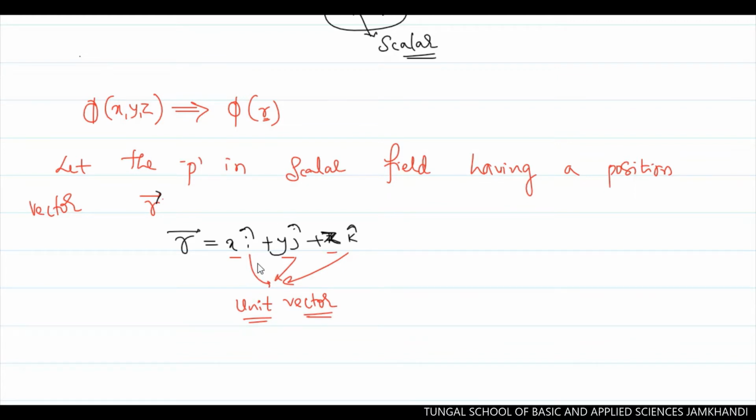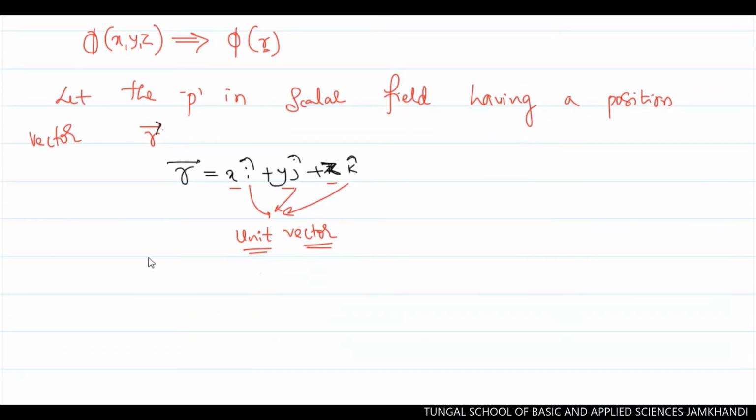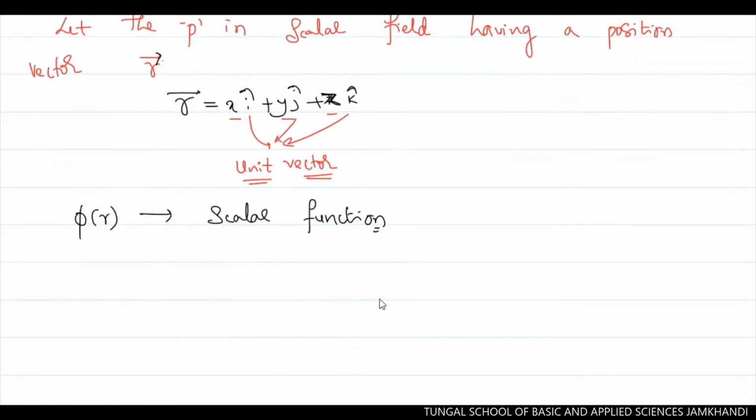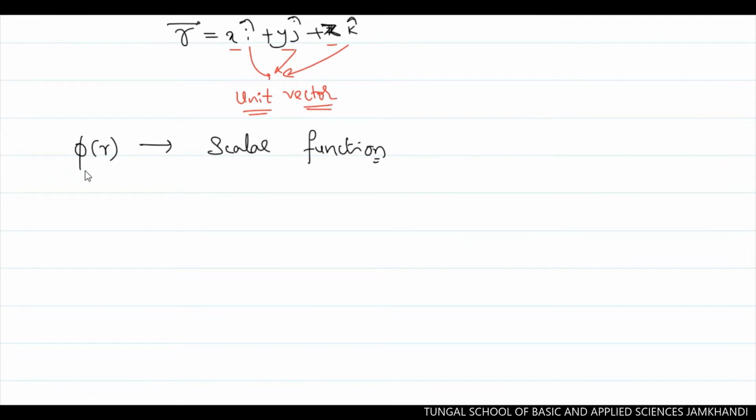And the value of the scalar field at that point, for each x, y, z coordinate, let phi of r be the scalar function. Then the same phi of r can be written in all three coordinates as phi of x, y, z.